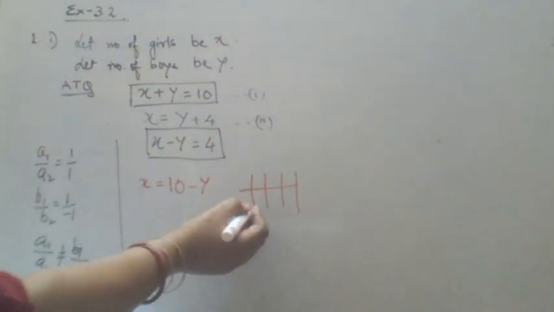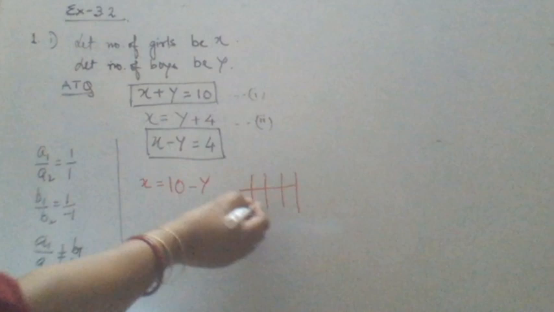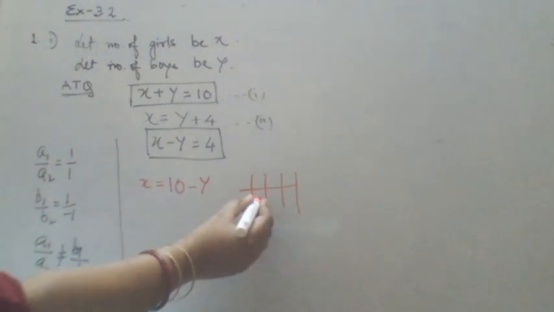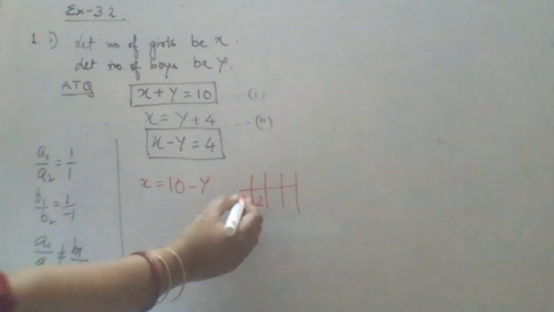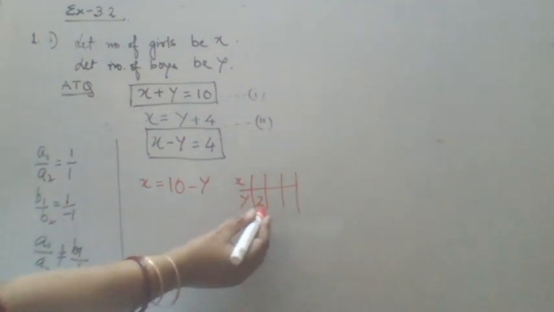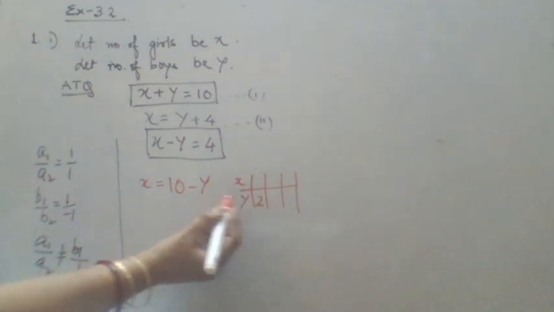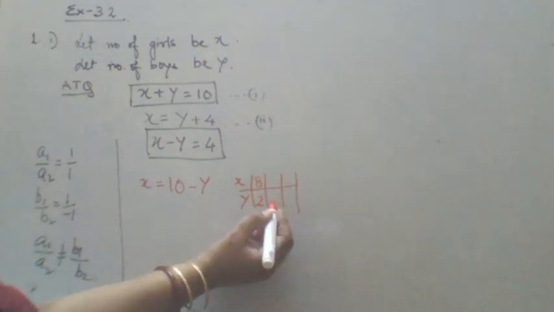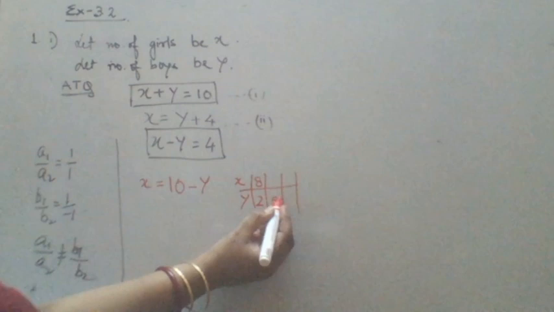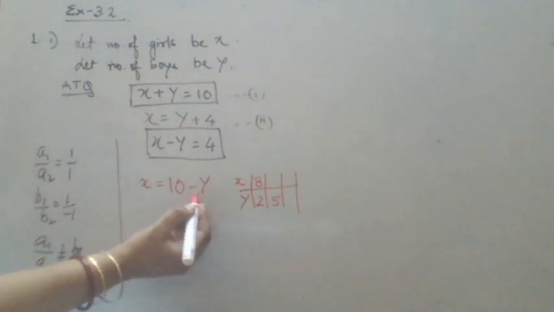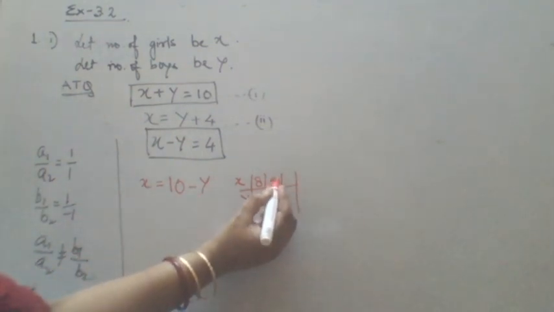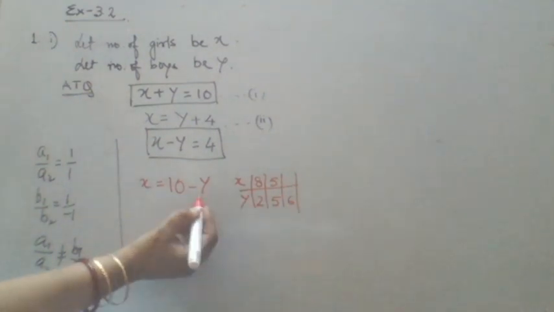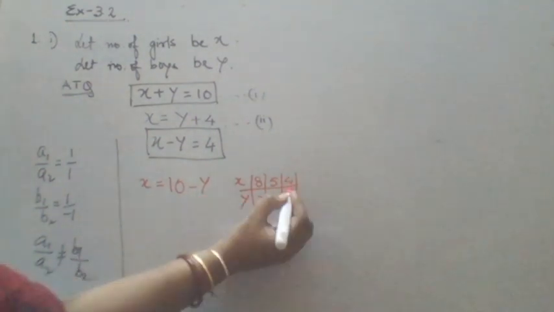We can easily take some value of y and calculate the corresponding value of x. Say y is equal to 2, then x is 10 minus 2, that is 8. If y is equal to 5, then x is equal to 10 minus 5, that is 5. If y is equal to 6, then x is equal to 10 minus 6, that is 4.